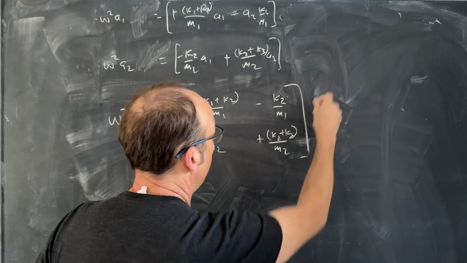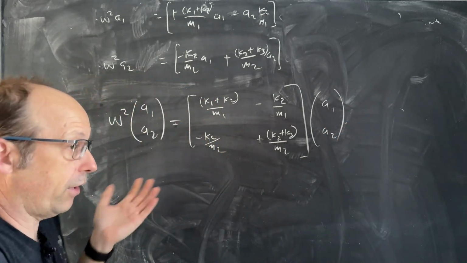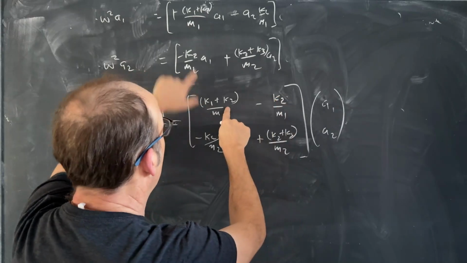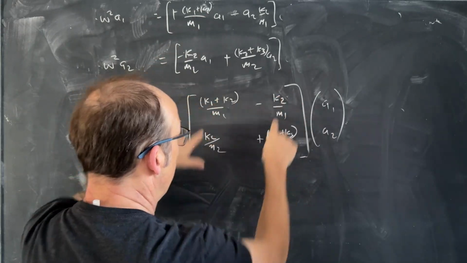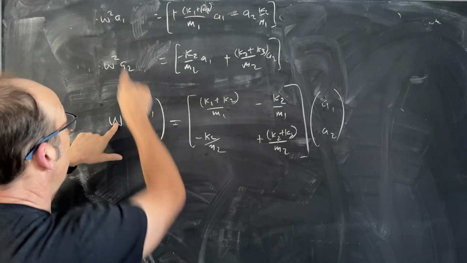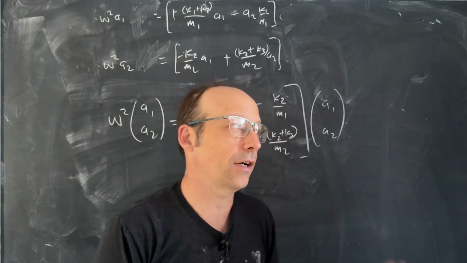All of that times the vector a1, a2. And you could just check, right? And you should check this, right? If I take this vector and operate here, I get an a1, I get an a2, and then I get an a1, I get an a2, and that's equal to a1 and a2. So I get two equations. So I can write that as this vector operation.